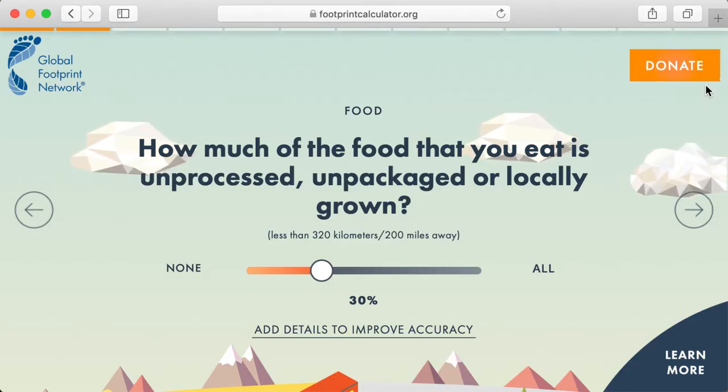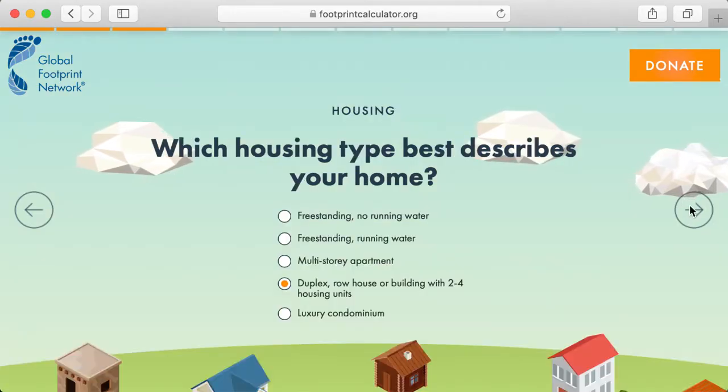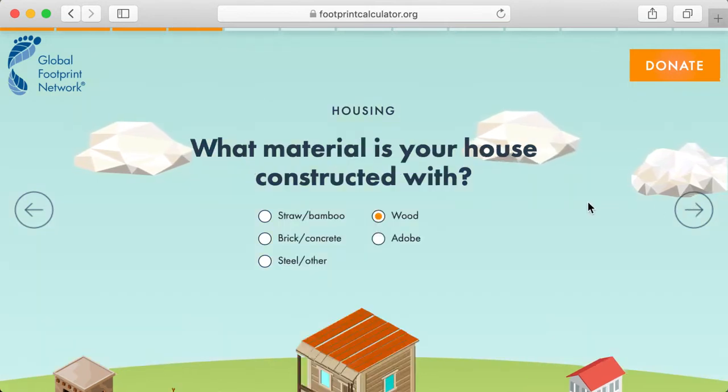How important is the difference? Well, you can experiment here by playing around with things like this. Some of these won't be as useful for you because I imagine most of you are students, you're living in student housing or things, but maybe not. But you really can change things like making your house out of straw rather than concrete or steel, which is huge, by the way.